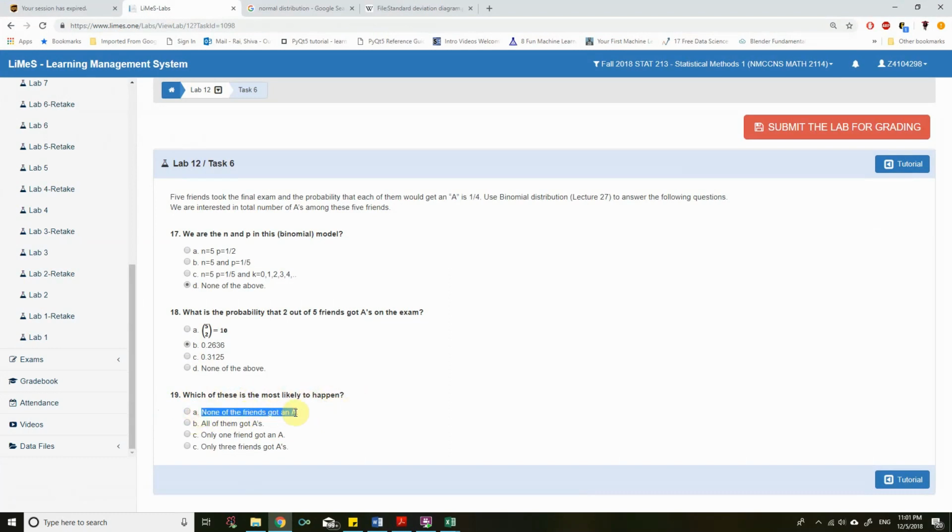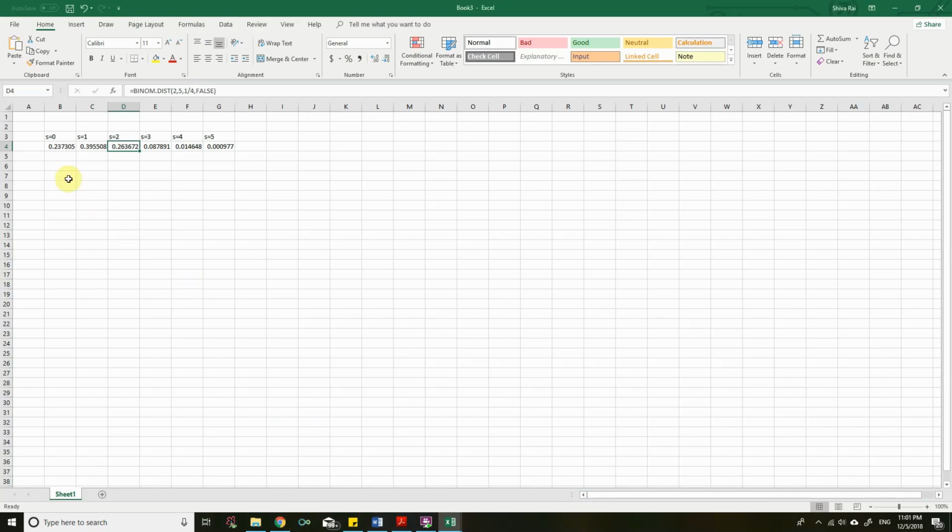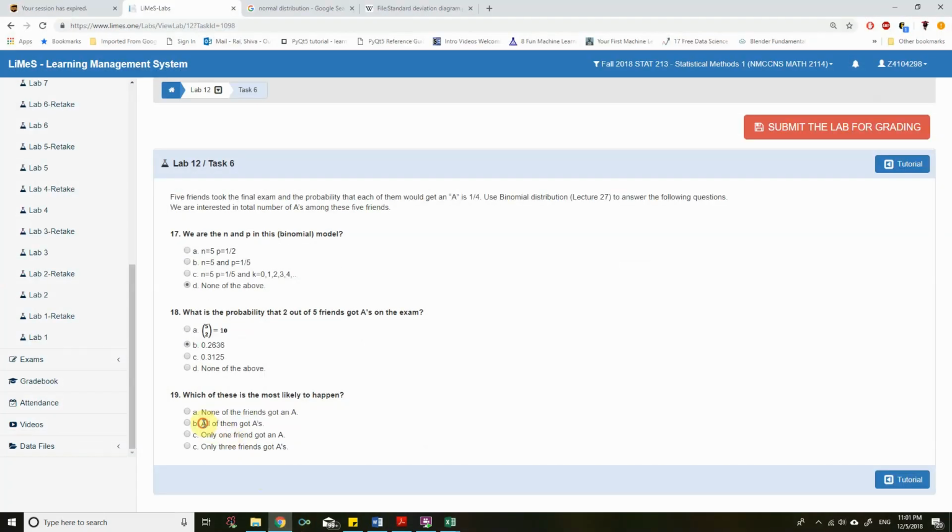Number 19, which of these is most likely to happen? None of the friends got an A. This has 0.2373 probability. That's a good amount of probability, but we can't say that none of the friends got an A. All of them got A's? No. Only one friend got an A. Only 3 friends got A's.